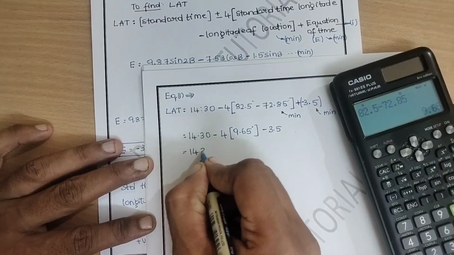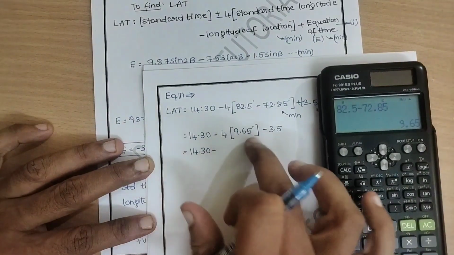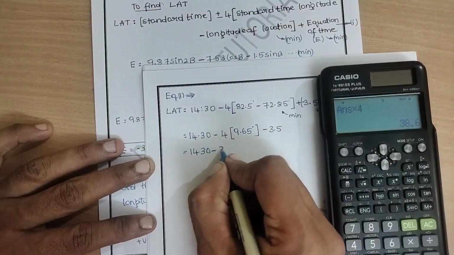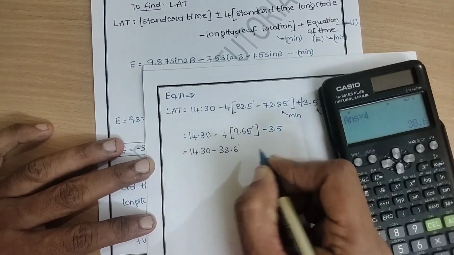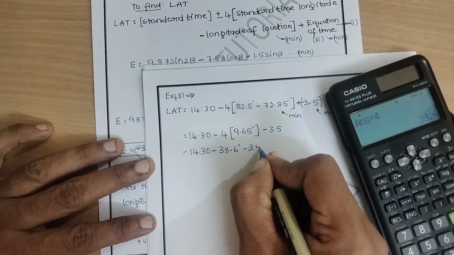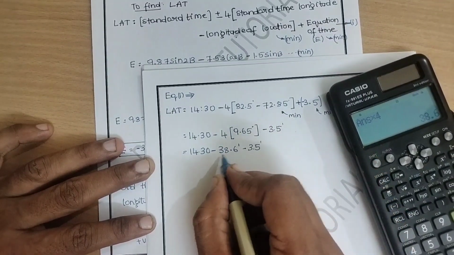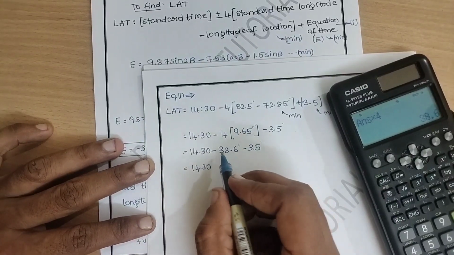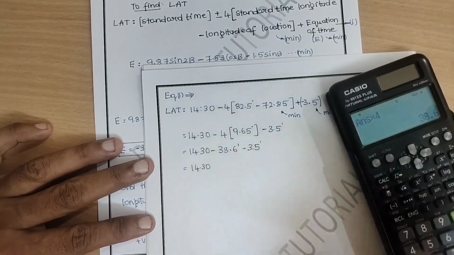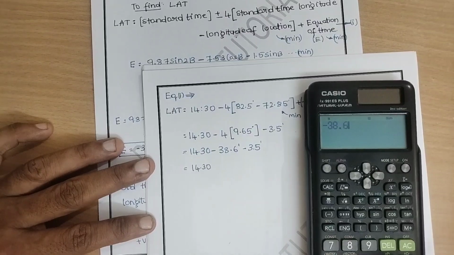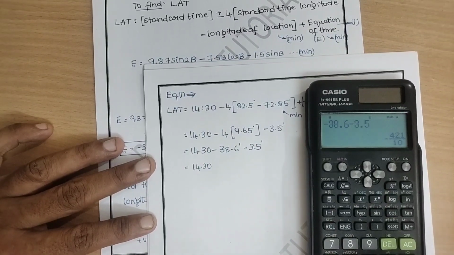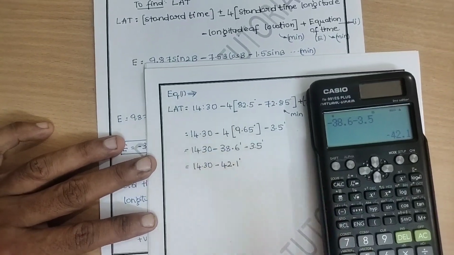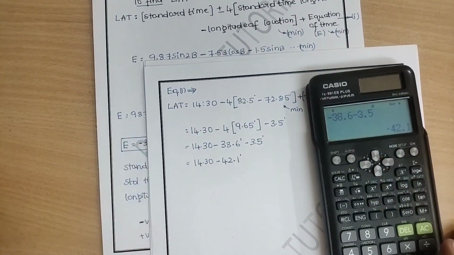So further, 14.30 minus 4 into 9.65. Let us multiply. That is the answer, 38.6 minutes, minus this 3.5 minutes. Since it is minus and minus, we can add the values. Minus 38.6 minus 3.5 gives minus 42.1 minutes. So this is the local apparent time.